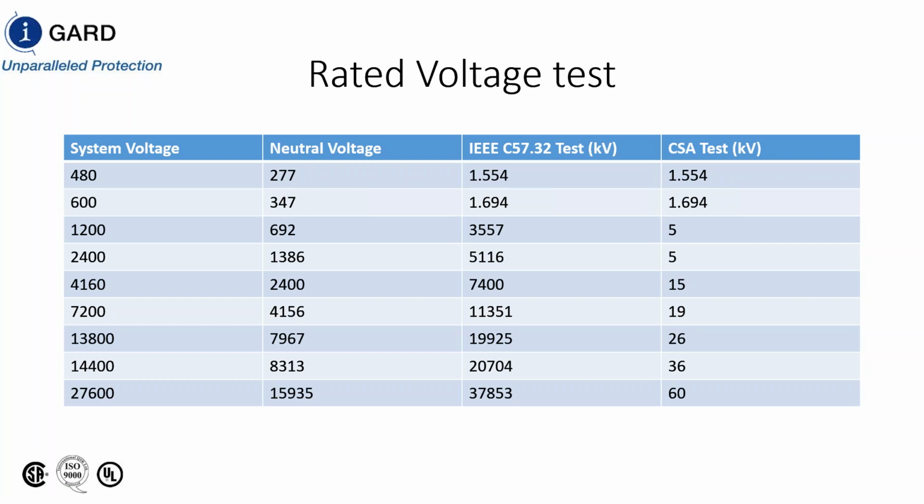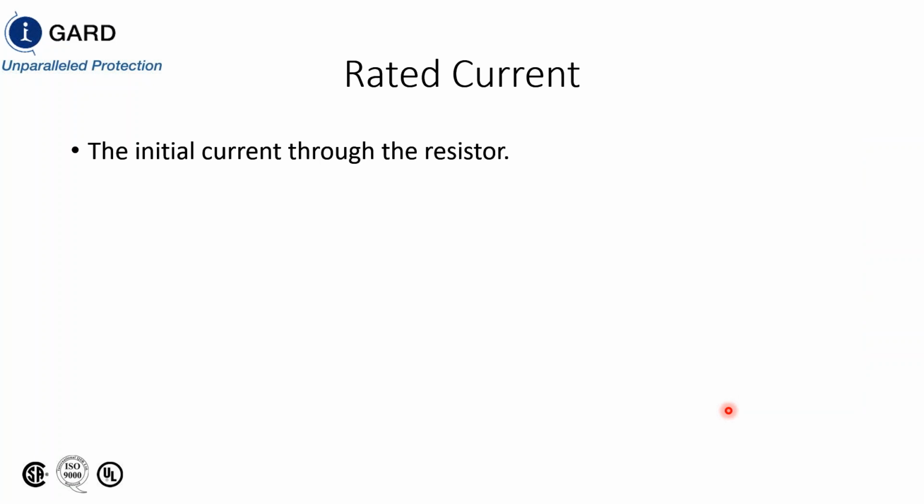Part of my understanding is if you buy a resistor in the United States, they're going to follow C57.32 high pot values. And if you buy a resistor for Canada, and if it's approved to CSA C295, you have to apply this test voltage or dielectric strength.